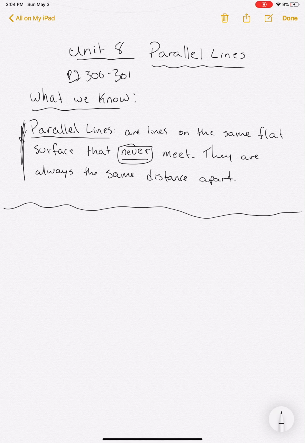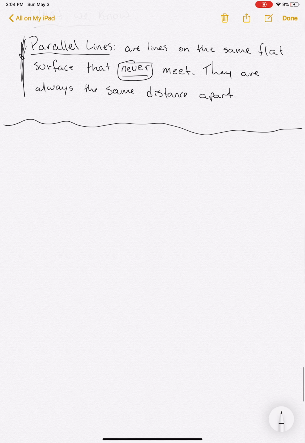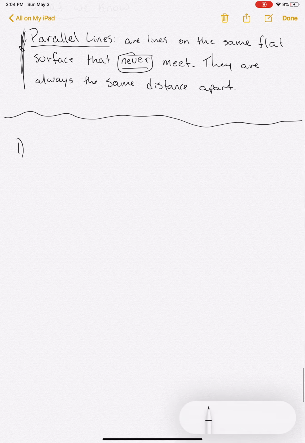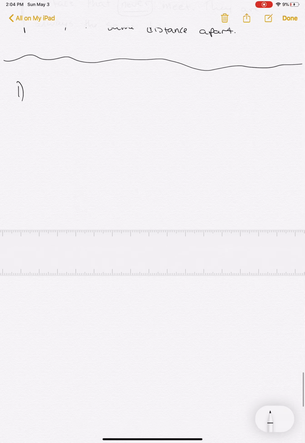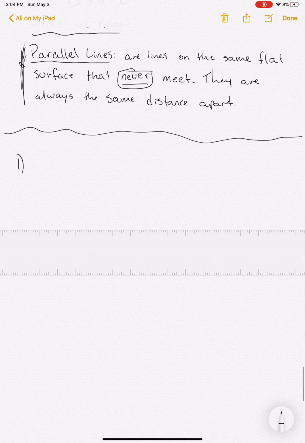So in the textbook, they have three different ways of finding parallel lines, and we're going to go through two of them right here. The first one is taking your ruler and drawing one line at the top of your ruler and a second line at the bottom of your ruler.